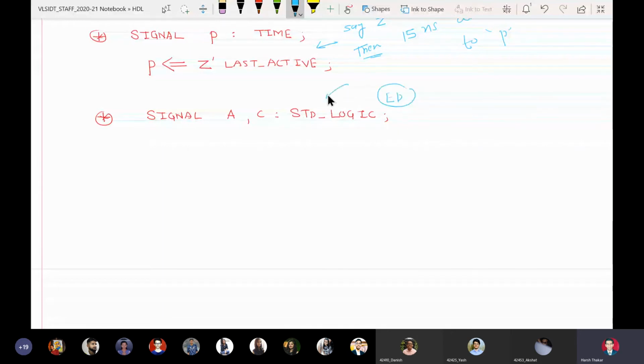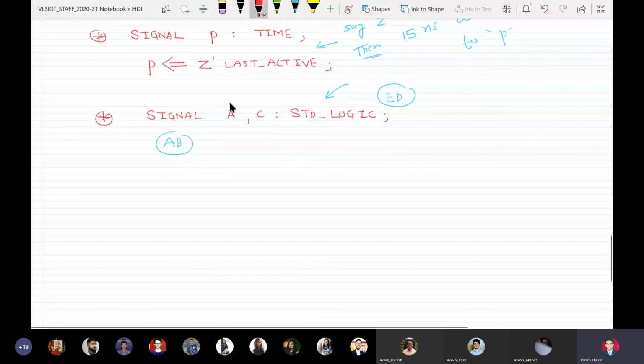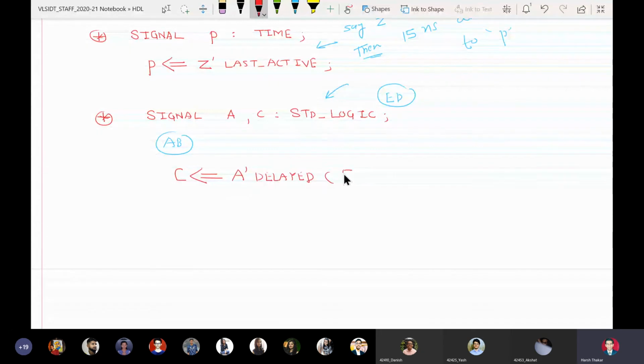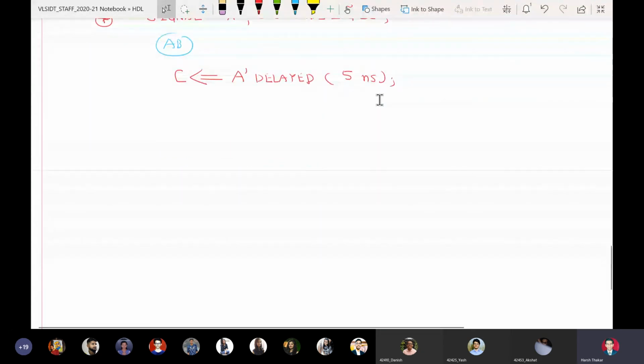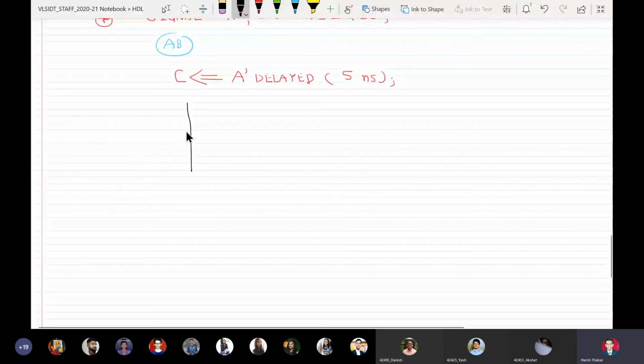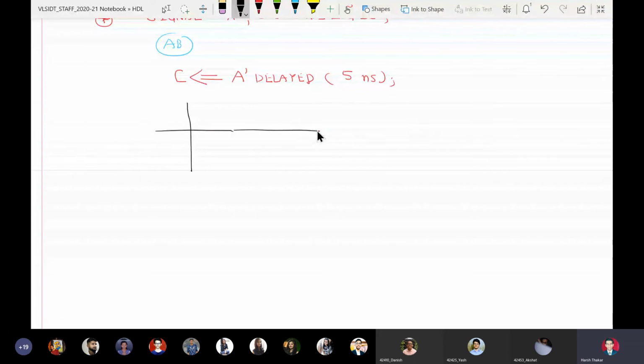In the entity declaration, I'll define this thing, and in the architecture body, if I write a statement like this, that C is assigned a tick delayed 5 nanoseconds. So how is this going to be executed? It's very simple. Let us assume a waveform for A. So the time scale is in nanoseconds.